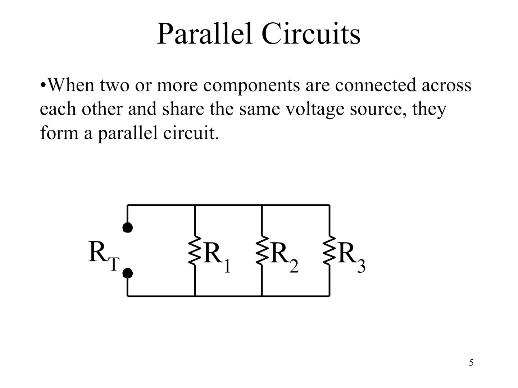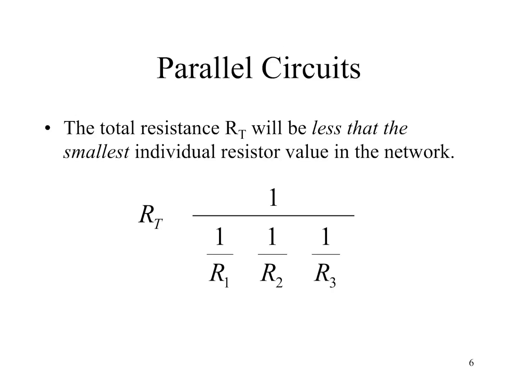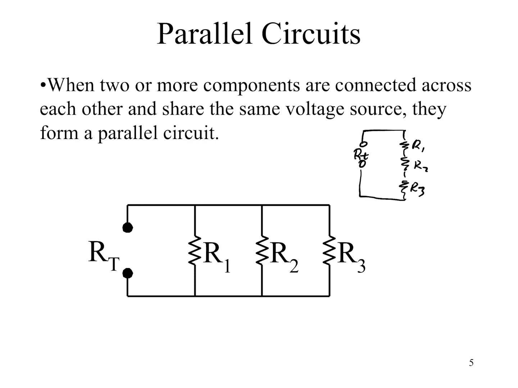First, looking quickly at a series circuit, where this is R total and we have three resistors in series, R1, R2, R3, our opposition equation would simply be expressed as R total equals R1 plus R2 plus R3.